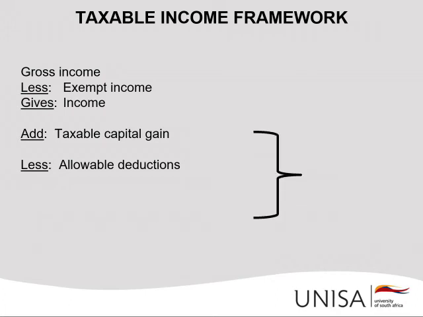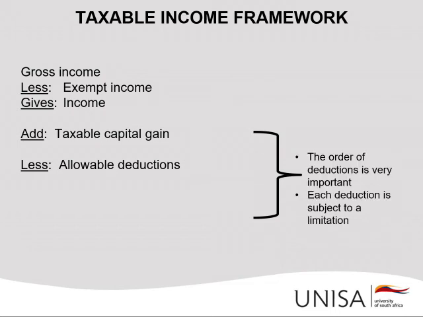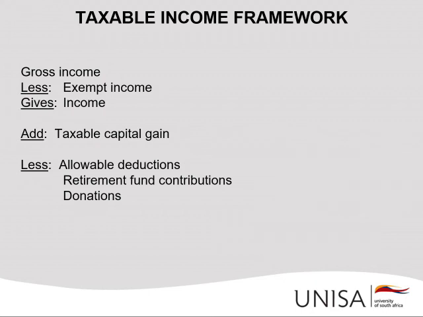These are referred to as deductions, and these deductions must be done in a specific order, as some of the deductions are limited to a percentage of the taxable income, and if you do these deductions in the wrong order, you're going to end up with a wrong limit. It's important that donations is always the last deduction and that retirement fund contributions are deducted just before donations. The total after donations is referred to as taxable income.